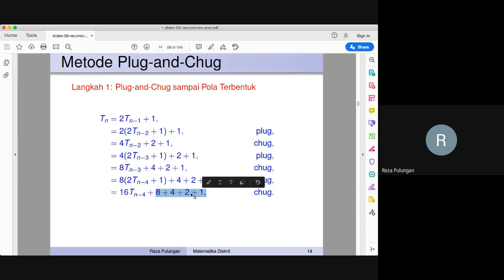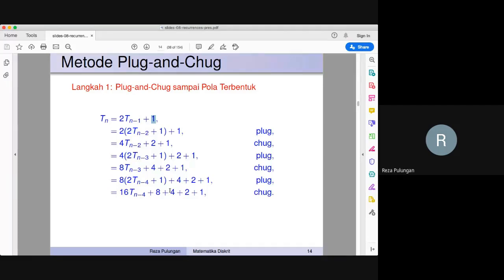This looks like 2 to the power of 4 minus 1. Let's see. What about this one? This is 7. This looks like 2 to the power of 3 minus 1. What about this one? This is 3. 2 to the power of 2 minus 1. This is 1. 2 to the power of 1 minus 1.